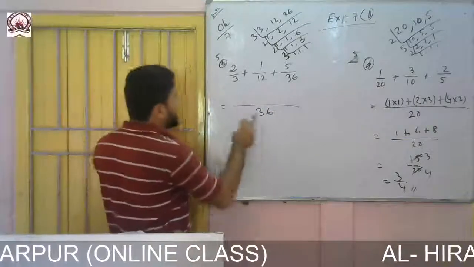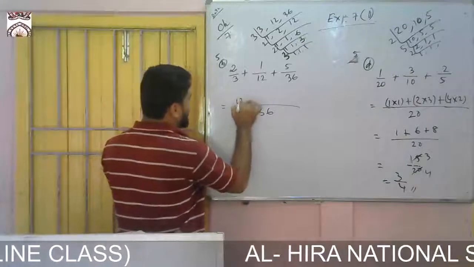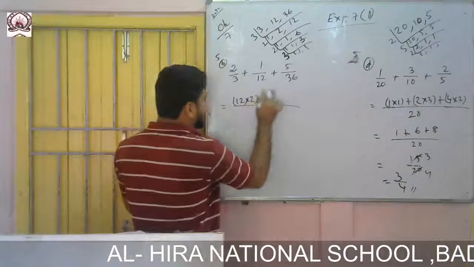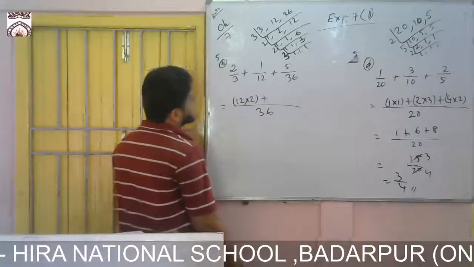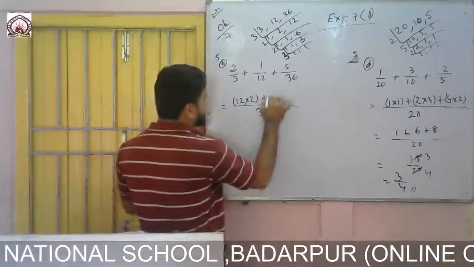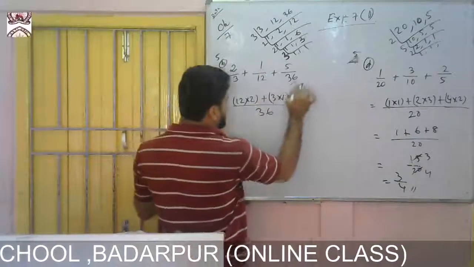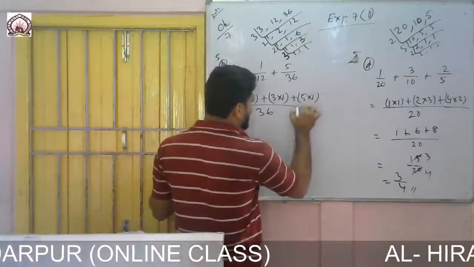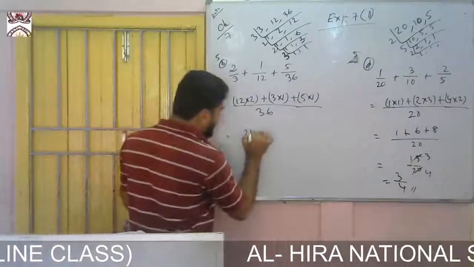Now 3 how many jar? Yes, 3 12s are 36 and 2. Plus 12 2s are 36. 12 3s are 36, so 3 into 1. Plus 36 1s are 36, so 5 into 1. Now 12 into 2, it is 24.